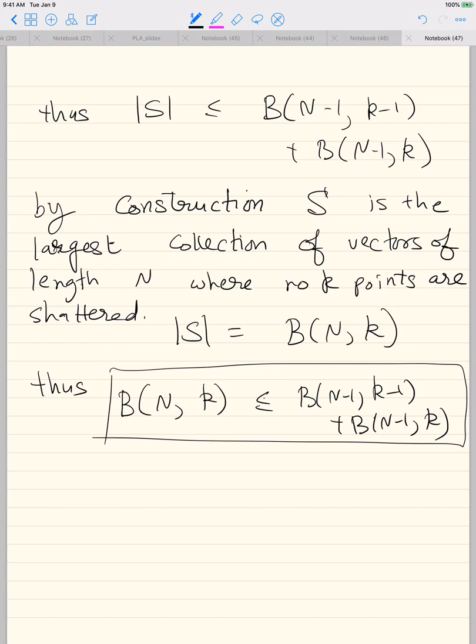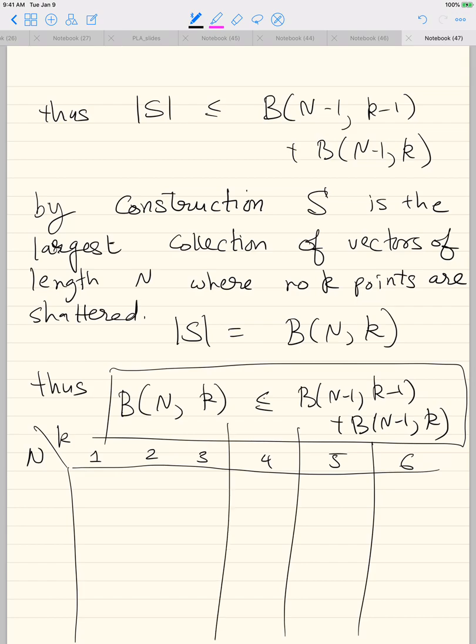Now we can use this to numerically evaluate B of n, k. We have the base cases. So this is n, this is k. K is 1, 2, 3. N is 1, 2, 3, 4, 5.